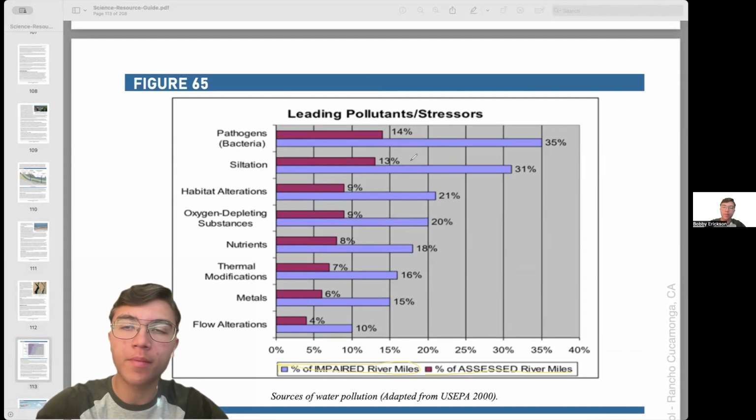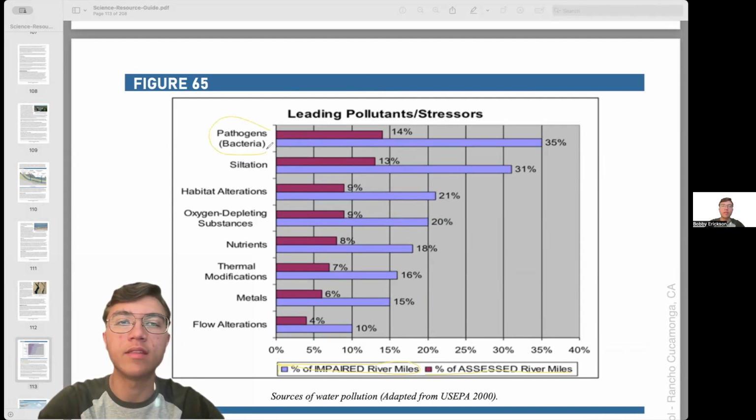So they're probably mostly going to test on, okay, what's the most or the least of all of these? They might even give us options of just siltation, habitat alterations, oxygen depleting substances, and nutrients, and we'd need to know what's the worst. So memorizing this chart going all the way down is pretty important.